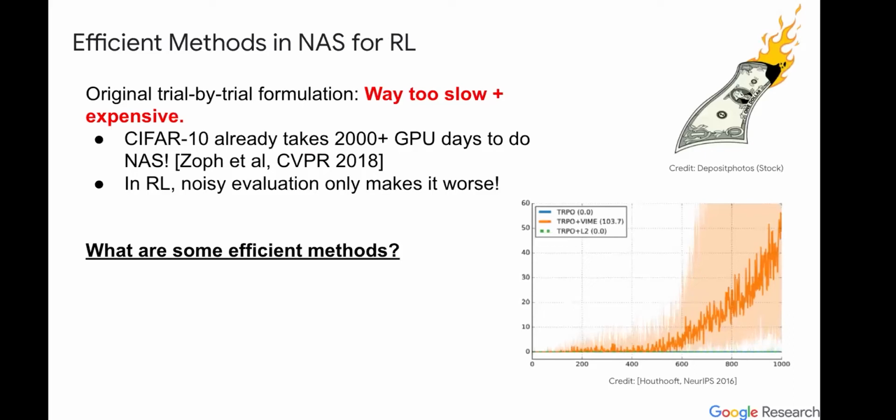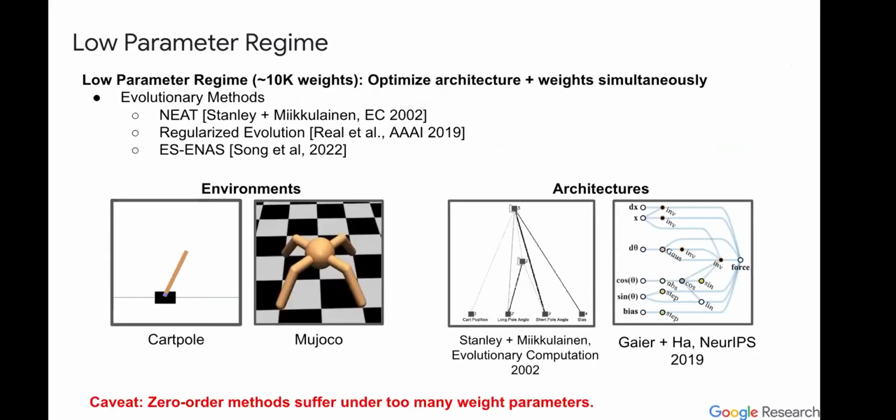So the question is, what are some efficient methods? The first option is to start out with low parameter regimes. These are at most around 10K weights in your neural network, and they're more about mobile robots or environments such as CartPole and MuJoCo.